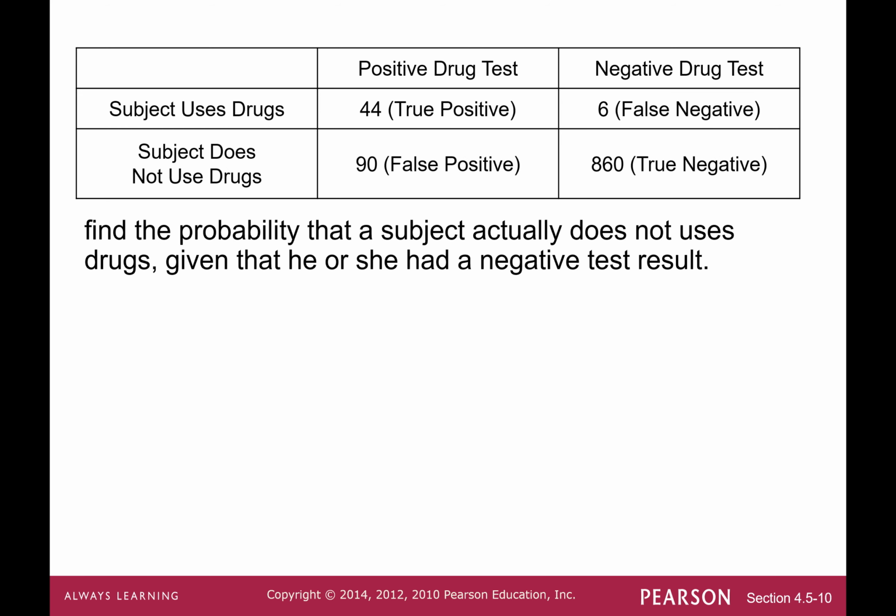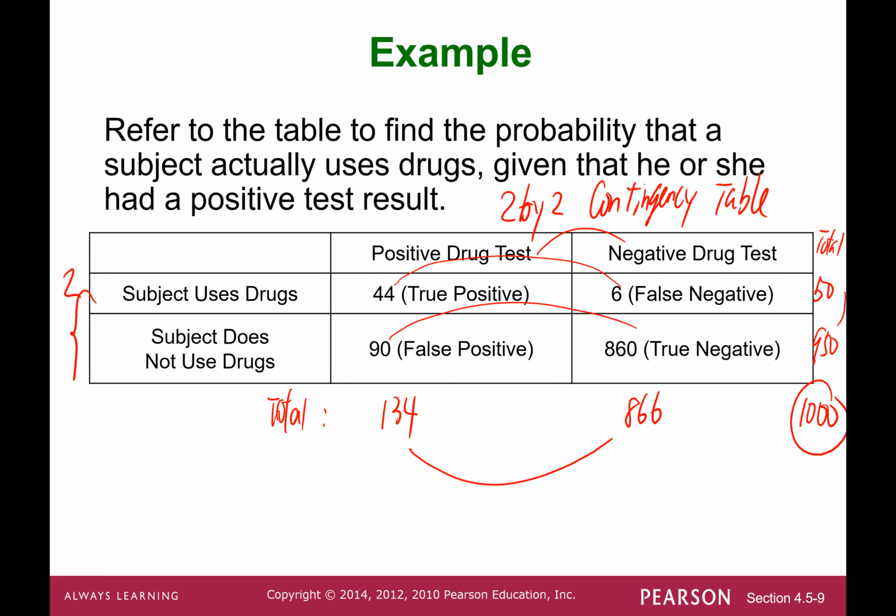Now let's find the probability. First of all, refer to the table to find the probability that the subject actually used drugs, given that he or she has a positive test result. So we are talking about the probability of, and this is a given condition, positive test result.